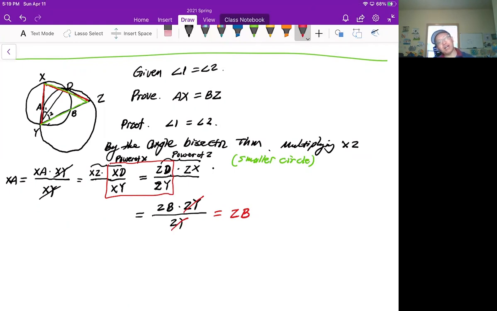And then you multiply by xz on both sides so that the numerator of both sides becomes the product. But as we said, the product actually represents the power of a point. And the power of a point, you can represent in different ways. You change to another line here, and then there's some cancellation. And the same thing happens for the right-hand side. So this is very nice.